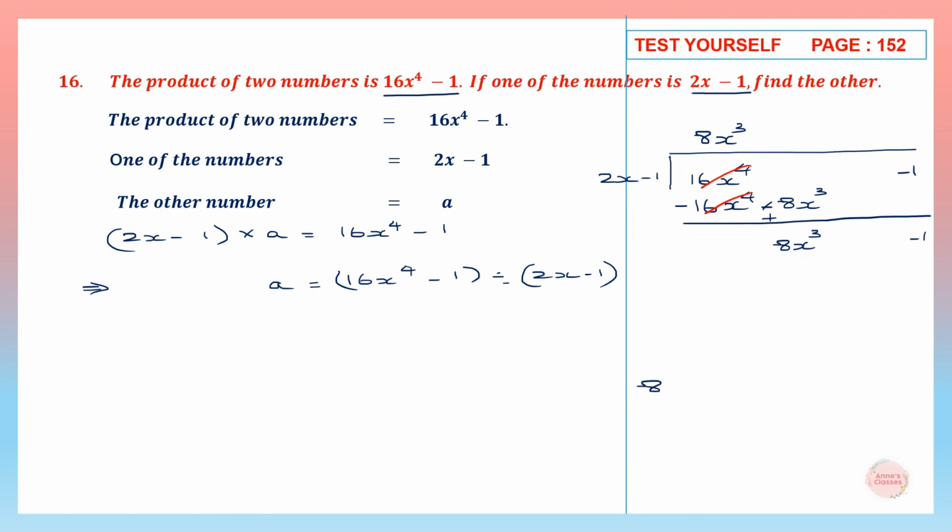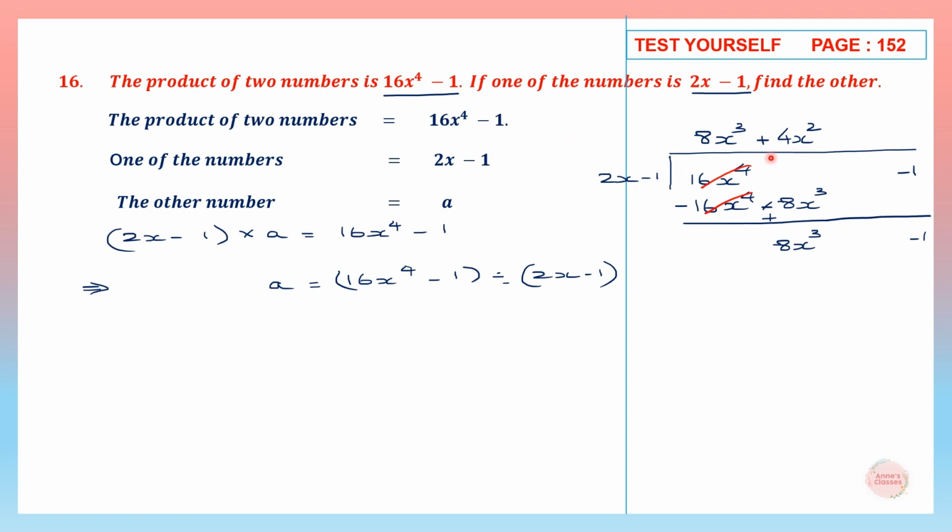So 8x to the power of 3 divided by 2x. Cancel 2 and 8: 2 fours are 8. So this is 4, then x to the power of 3 minus 1, which is 4x to the power of 2. Let's write that on top, plus 4x to the power of 2. So we've got that now.